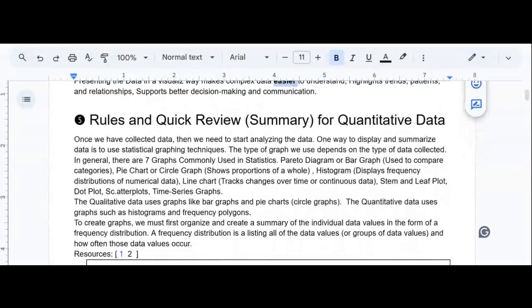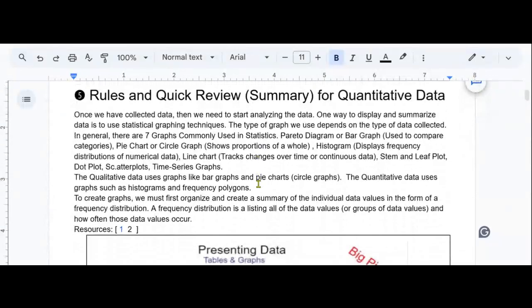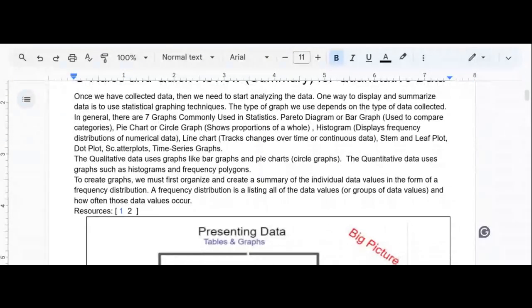Once we have collected data, we need to start analyzing it. One way to display and summarize data is to use statistical graphing techniques. The type of graph we use depends on the type of data collected.